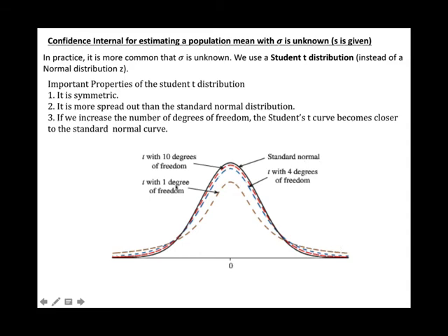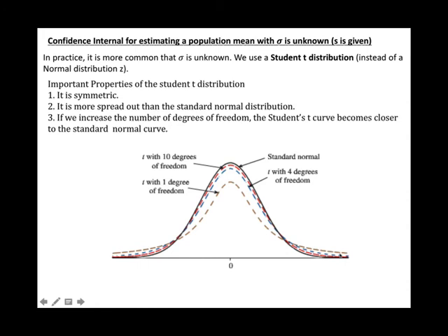If we increase the degree of freedom to 4, the blue one here, it will be close to the standard normal. If we keep increasing the degree of freedom to 10, that would be the red one, really close to the standard normal distribution.